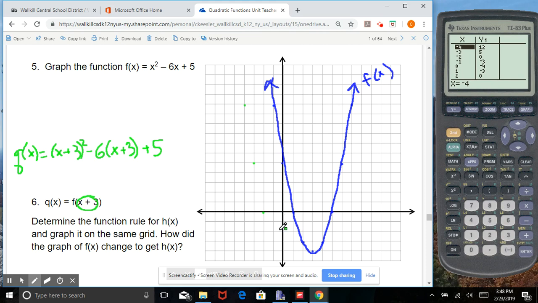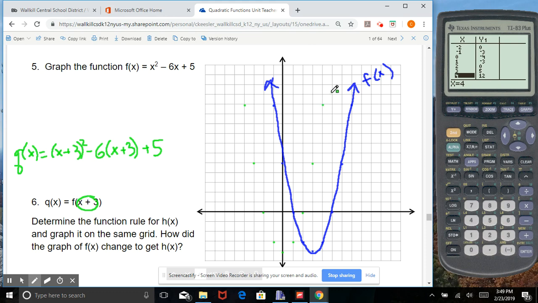Then -1, -3. 0, -4. 1, -3. 2, 0. So in this case, the roots are at positive 2 and -2. 3, 5. And 4, 12.